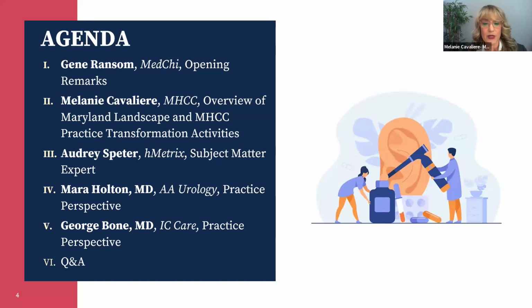We'll hear from Audrey Speeder, a subject matter expert from HMetrics, and Dr. Maura Holton from AA Urology, and Dr. George Bone from IC Care will provide practice perspectives. Both Doctors Holton and Bone participate in the Advancing Practice Transformation program that you'll hear about later. Dr. Bone was in round 1 and Dr. Holton's in round 2.